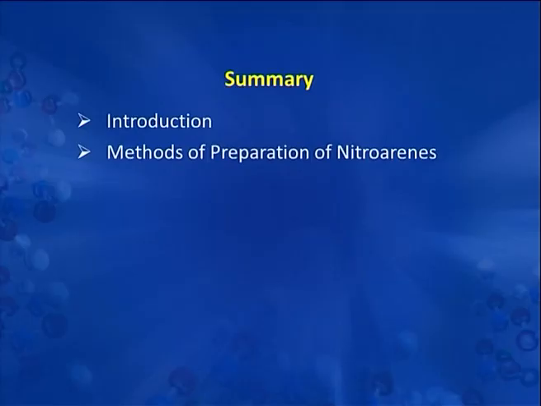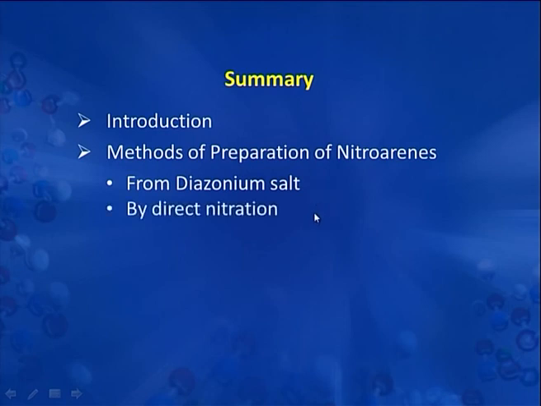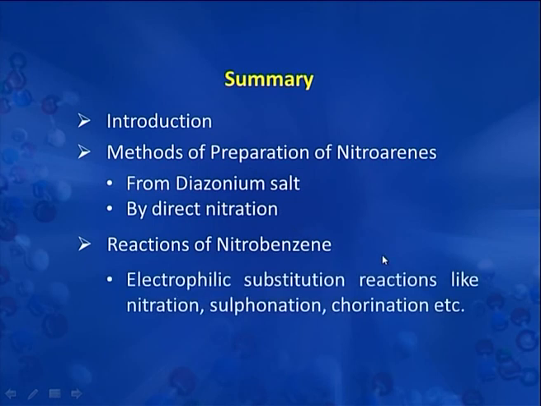To summarize today's lecture, we have discussed the introduction of nitroarenes. We have also discussed methods of preparation of nitroarenes, which can be prepared either from diazonium salts or by the direct nitration of aromatic compounds. We have discussed various reactions given by nitrobenzene.